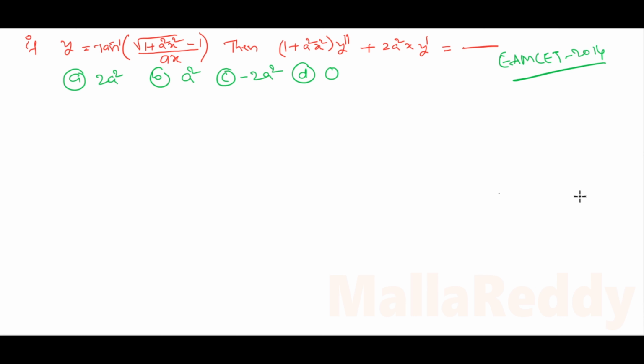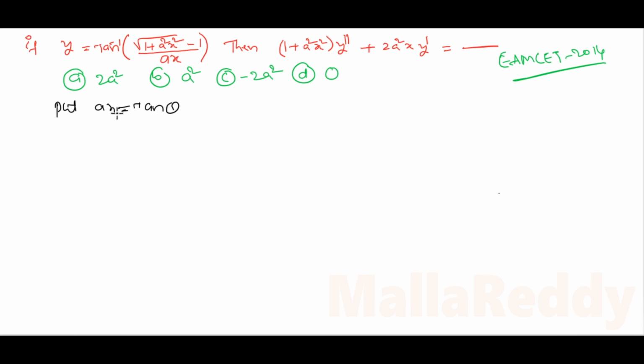If y is equal to tan inverse of root of 1 plus a square x square minus 1 by ax, then the value of 1 plus a square x square into y double dash plus 2a square x into y dash is equal to dash. Here is given y is equal to tan inverse of root of 1 plus a square x square minus 1 by ax.